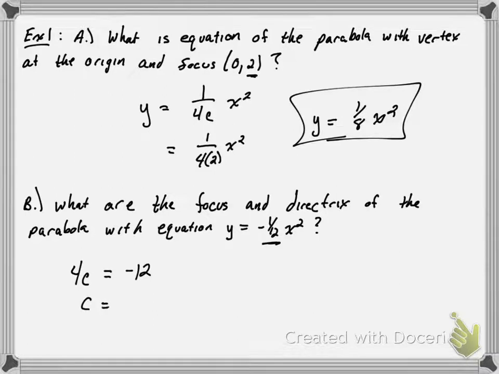So what's c equal? Negative 3. So what that tells me is my focus is at (0, -3). And since the vertex is at the origin, my directrix equation is y equals 3, because it's a vertical parabola.